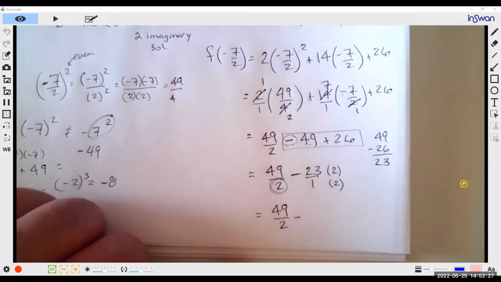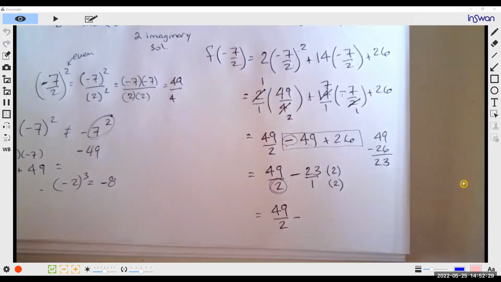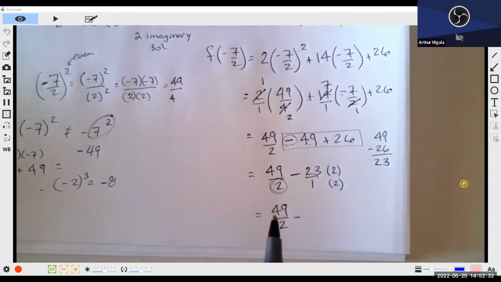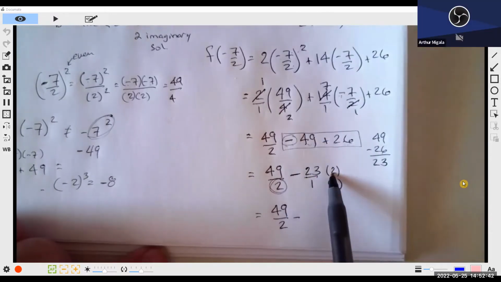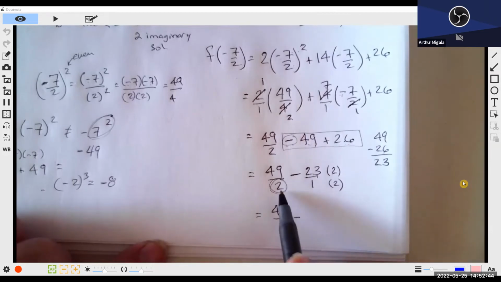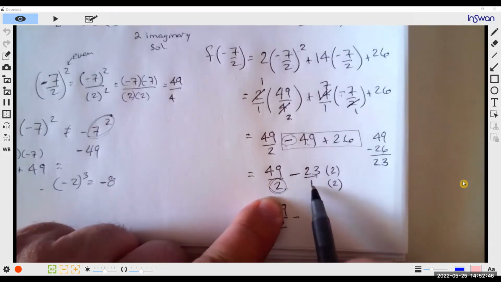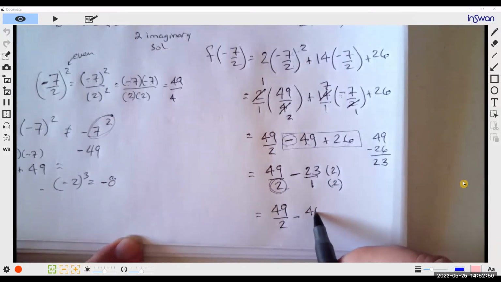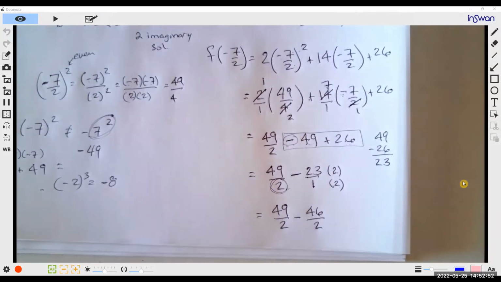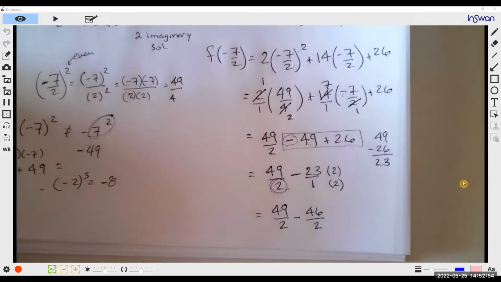Whenever you add or subtract fractions, you have to have a common denominator, because we're subtracting 49 and 46, not 23, since we have to multiply by 2.